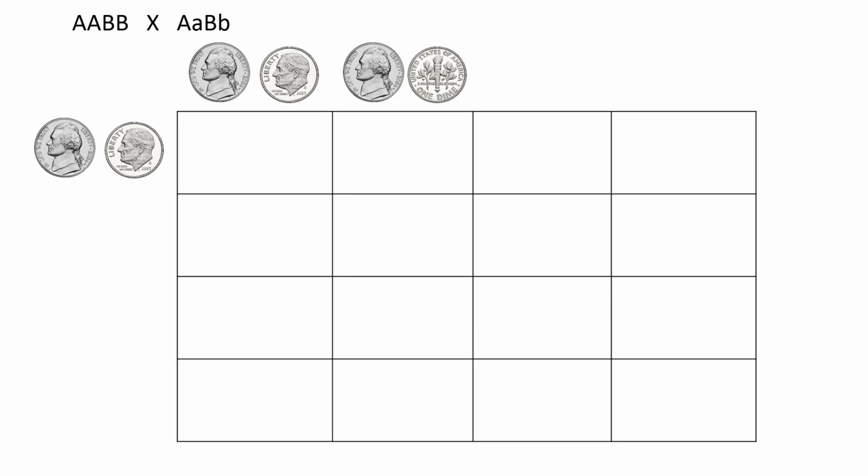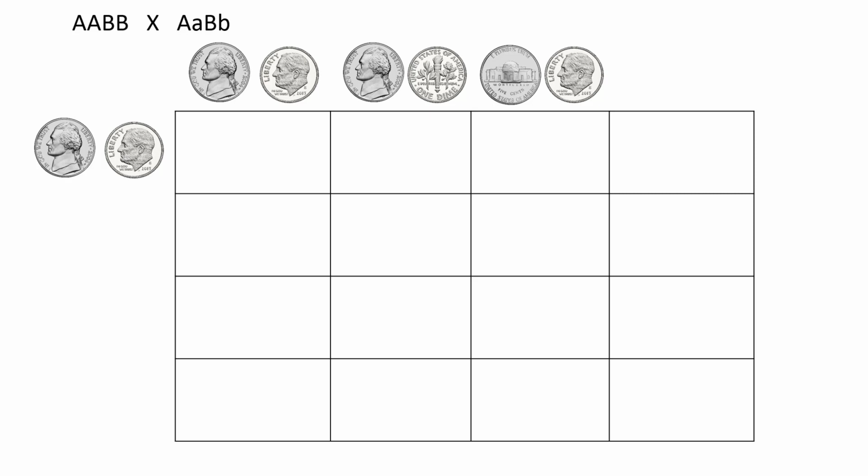Again, it's big A, big B in the first combination, but then we have big A, little b, represented by heads, tails of our nickel and dime. Our third combination is going to be little a, big B, represented by tails, heads. And lastly, we're going to have little a, little b. So here I've put the allele combinations for those four different possibilities along the top.